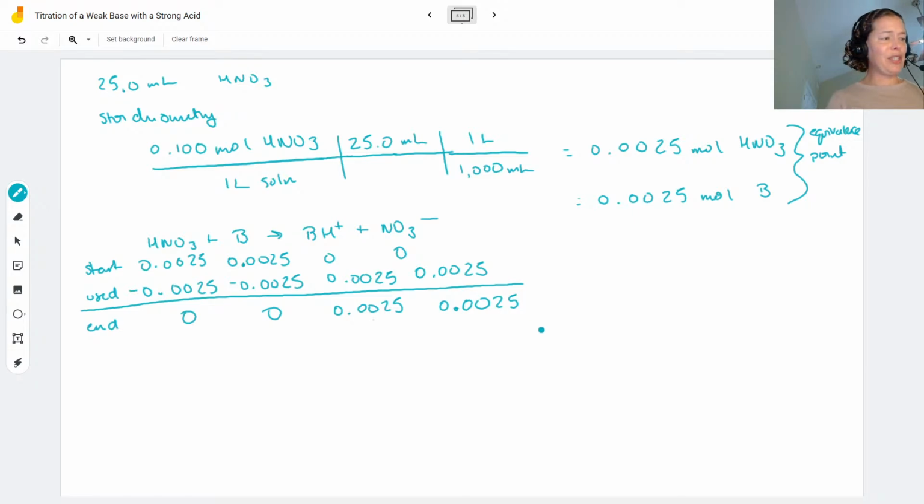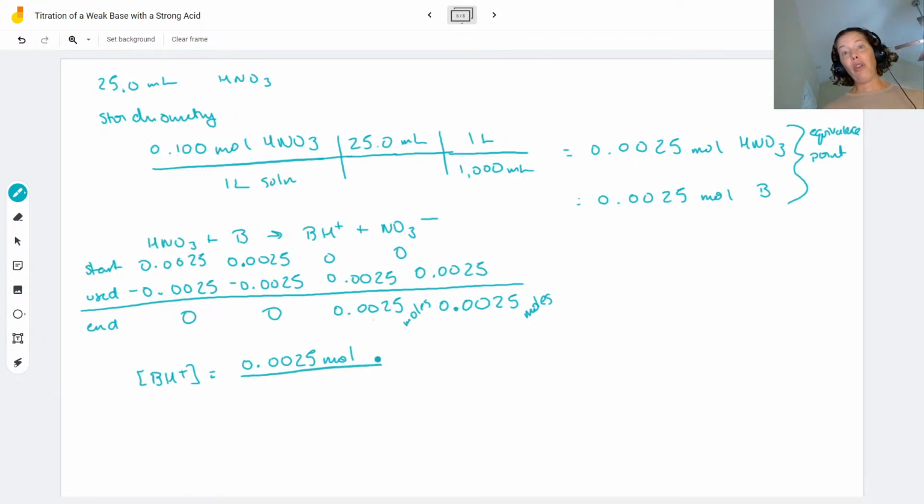Okay, so this is my stoichiometry. Remember, these are moles. But to do my equilibrium, I'm going to need concentration, so I'm going to need the concentration of my protonated base. I know how many moles I have: 0.0025 moles. What is my volume at this point?